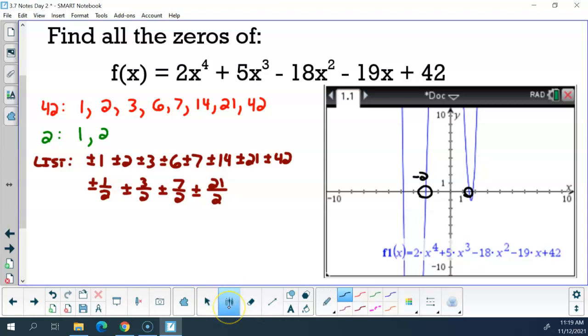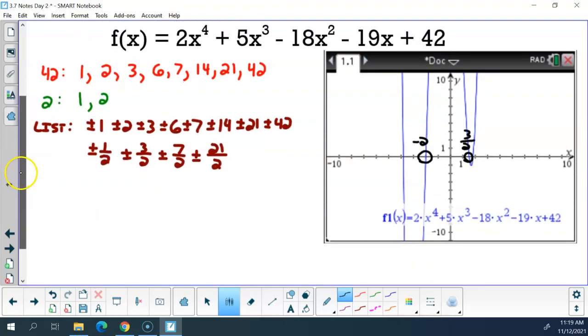So that one is 3/2. The other two don't look like they're pretty easy to find, right? So let's start with one of those. Which one do you want to start with first?